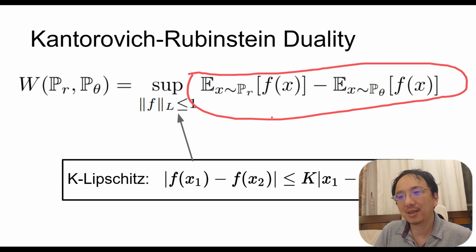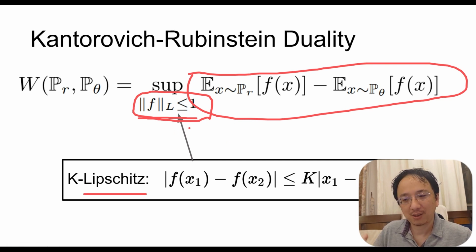What is this? We are searching over different kinds of functions. This function has to satisfy a certain condition, which we call the Lipschitz condition. We will come back to it later, but f is just a function that satisfies some restriction. Given this function, what is the objective we are going to achieve?